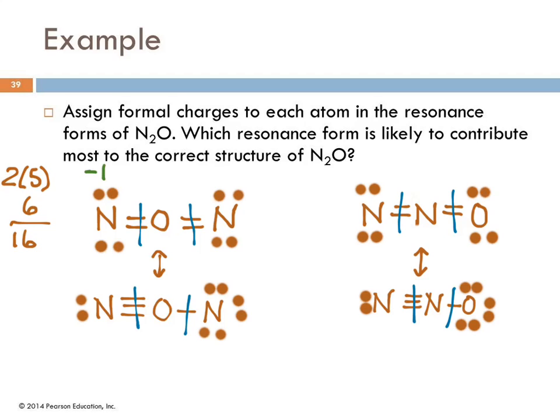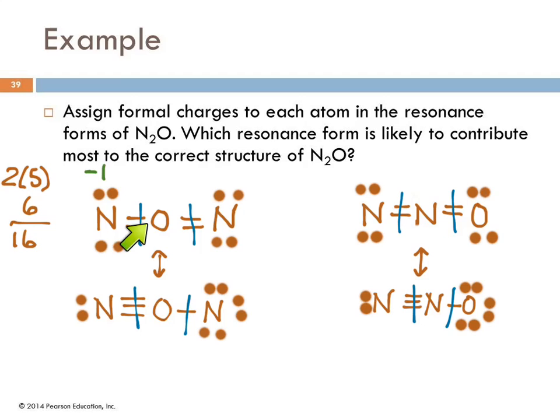How many valence electrons does oxygen have? 6. In this, when we divide up the bonds, how many electrons does oxygen have? 4.